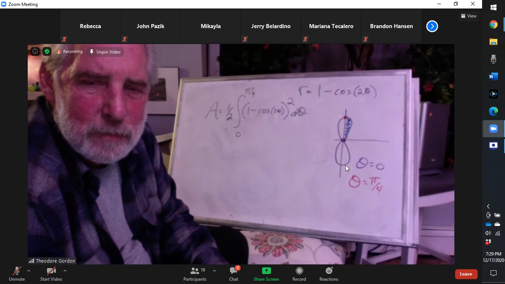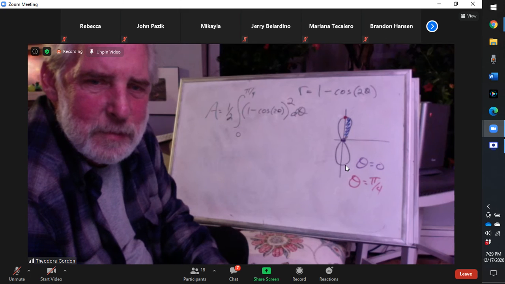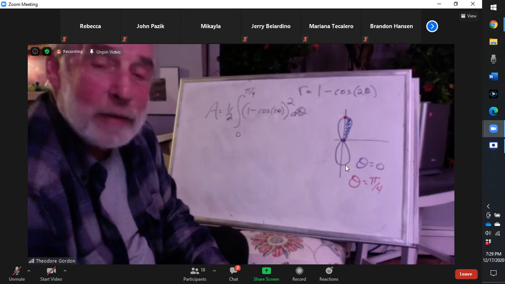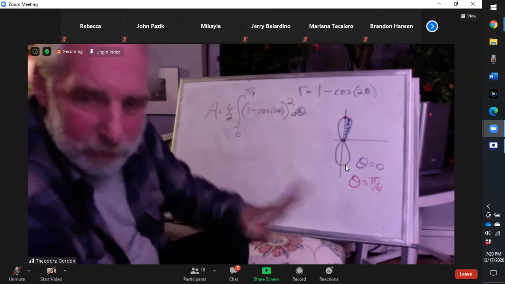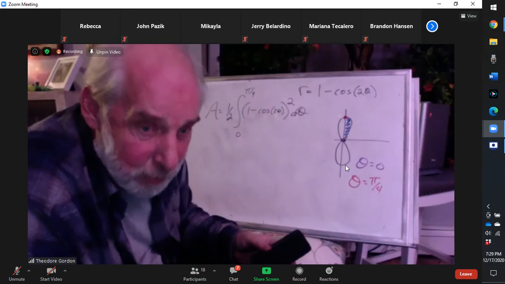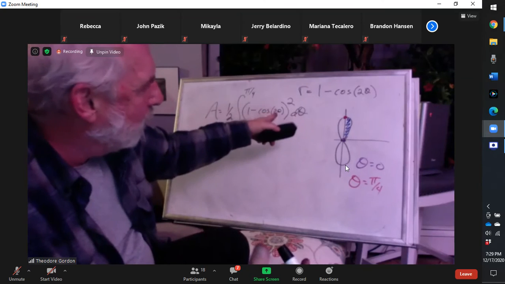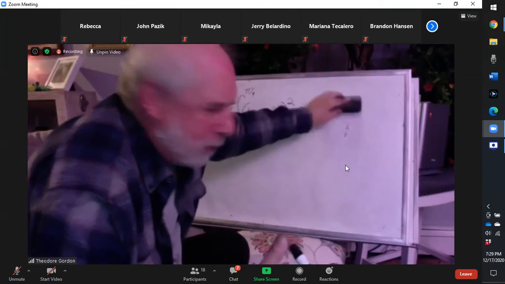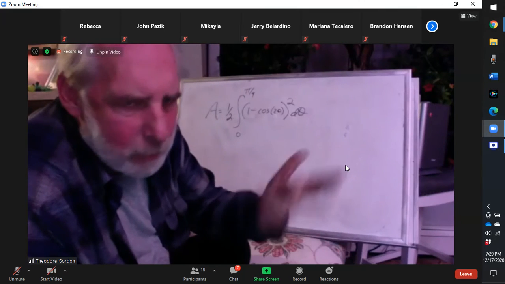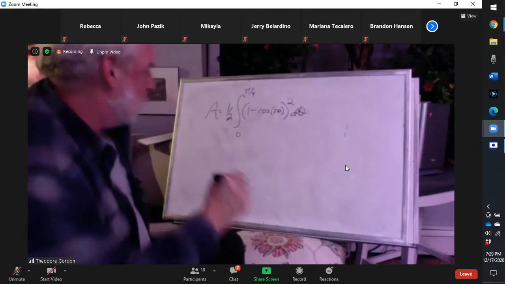Would you multiply it out and then use power reducing? Yes, both of those things. This is what I meant by 2.5 examples. So the way to do this is like Michaela said, we're going to multiply that out or expand it or distribute it or unfoil it or whatever your words are.